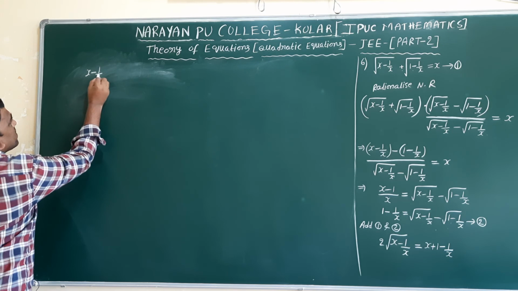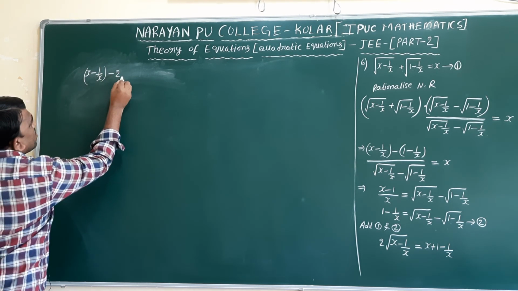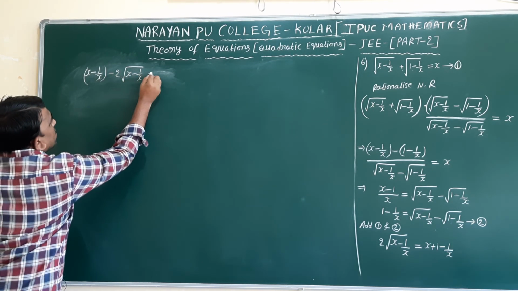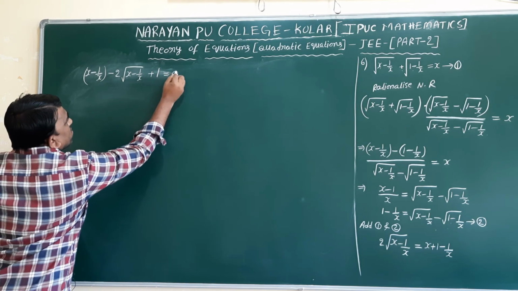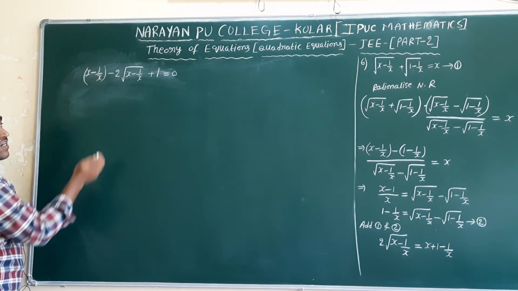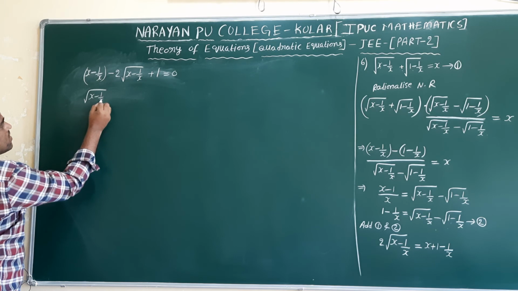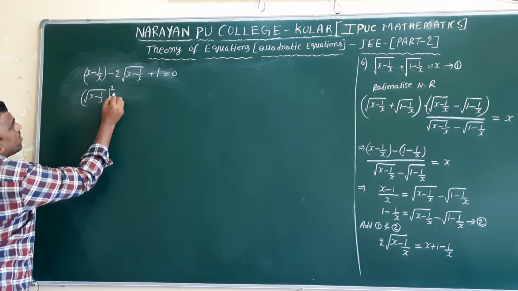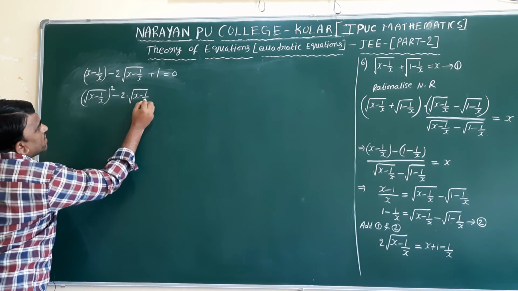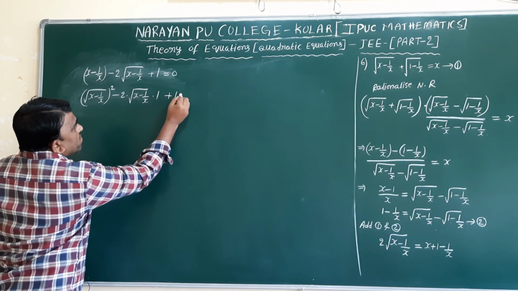x minus 1 by x, that is one value, minus 2 root over x minus 1 by x plus 1 is equal to 0. If we want to convert it to a perfect square, we can write it in the form of a square. So square root of x minus 1 by x whole square minus 2 into root over x minus 1 by x into 1, we can write without changing that, plus 1 equal to 0.